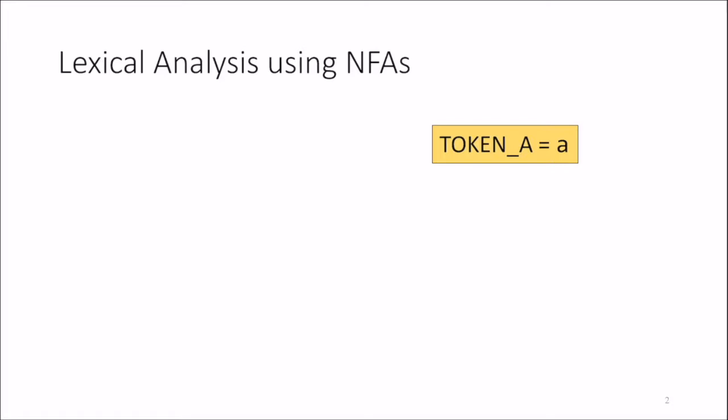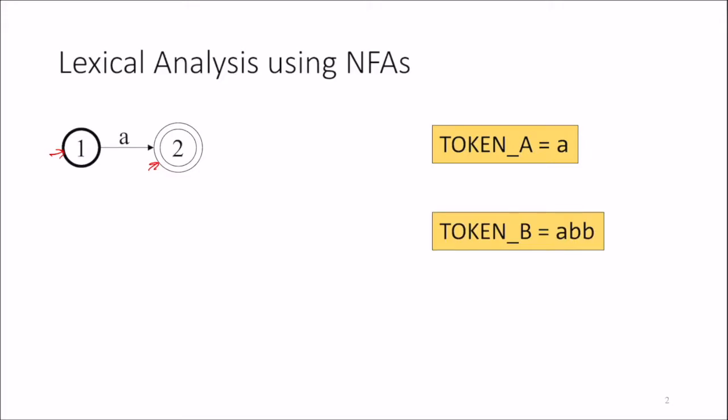So we have the first token definition, token A, and all it recognizes is a single symbol A. The NFA for this would be this simple finite state automata here, with start state 1, and then it accepts a symbol A and goes to a final state 2 over here.